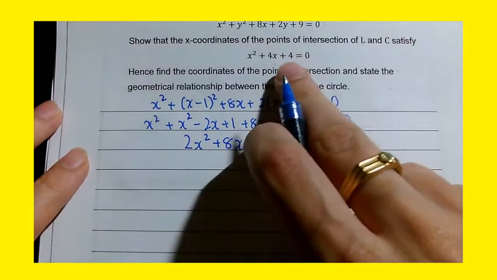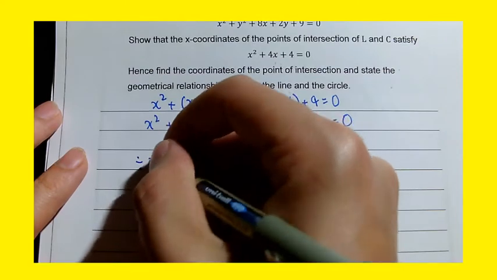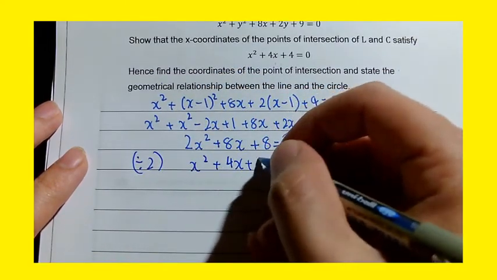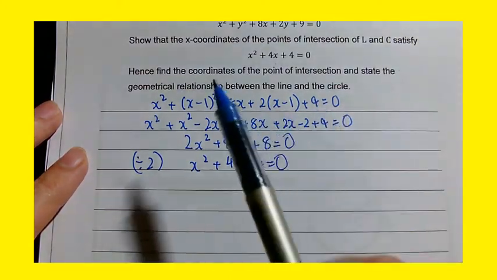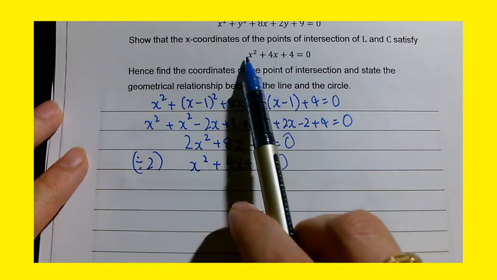Now, to get to this stage, I have to divide through everything here by 2. Okay, so I've shown that the x coordinates of the points of intersection do eventually get to this line.